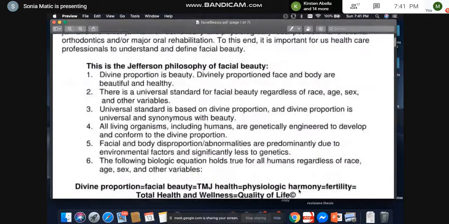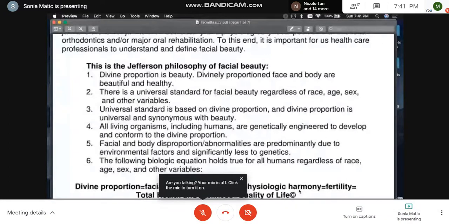And this is the definition of Jefferson. Divine proportion is beauty; divinely proportioned face and body are beautiful and healthy. There's a universal standard of facial beauty regardless of race, age, sex, and other variables. Universal standard is based on divine proportion, and divine proportion is universal and synonymous with beauty.